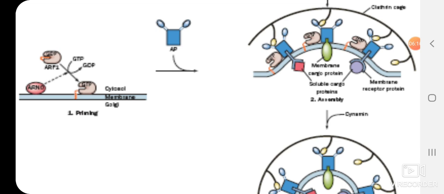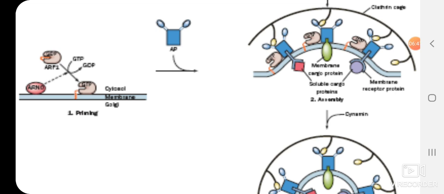so this particular adaptor protein now starts interacting with the receptors carrying the signal sequences. So I told you some of these particular receptors are going to have YXXΦ as a sequence within the cytosolic side, or even it can have D or E XXXLL sequence also.